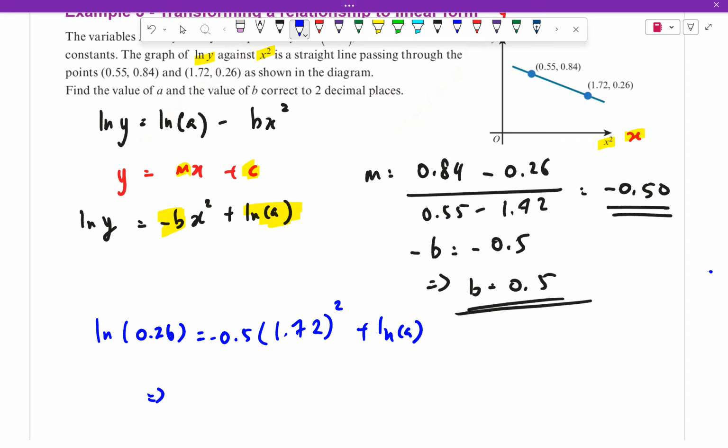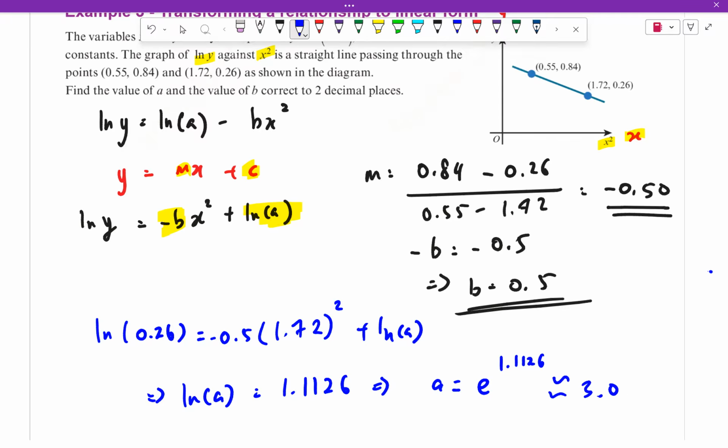If you use your calculator, we will get ln of a equals 1.1126. So hence, a equals e to the power of 1.1126, which is approximately 3.04. Alright.